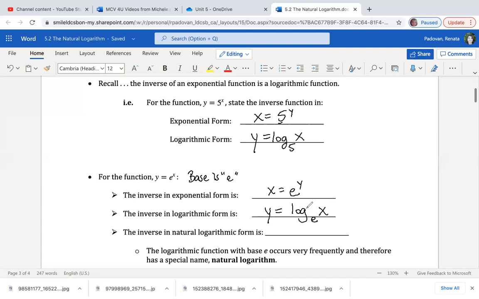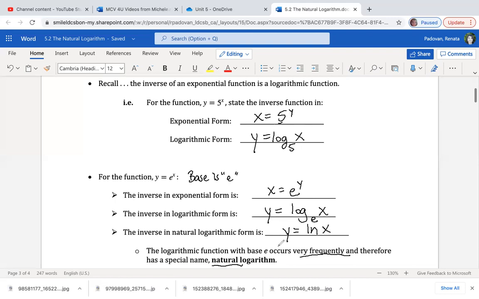So now I have this log of base e here, which we can see down here. The logarithmic function with base e occurs very frequently, and therefore it has a special name called the natural logarithm. So the inverse in natural logarithmic form: when I see log base e, I can write it as ln of x.